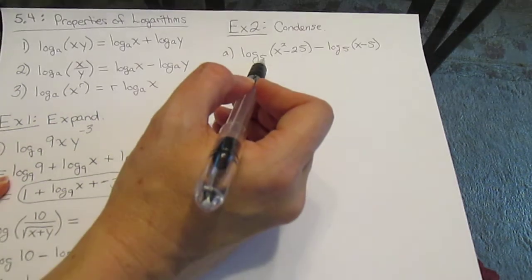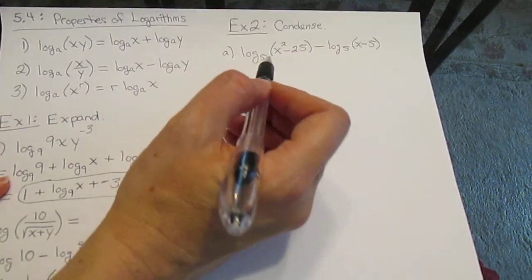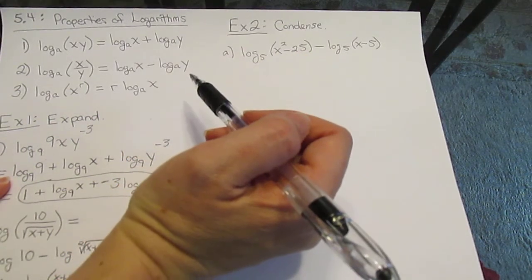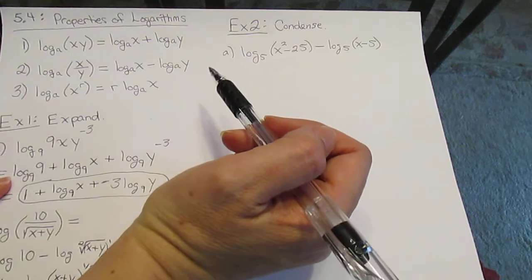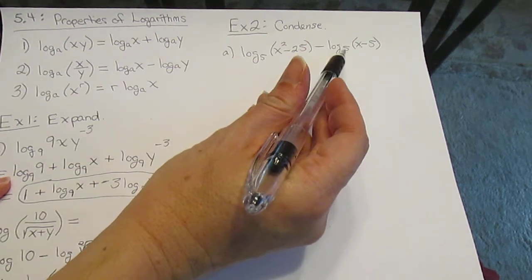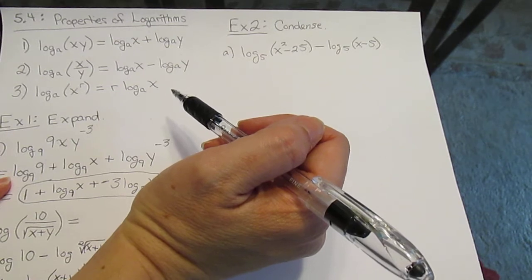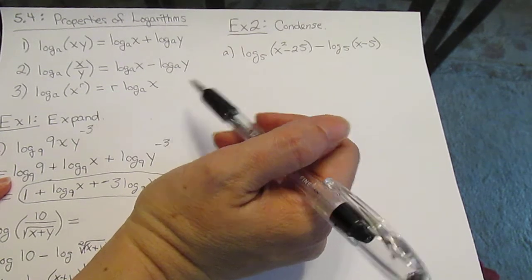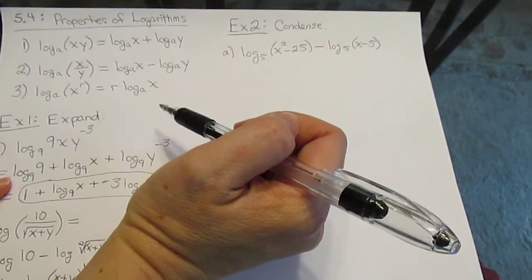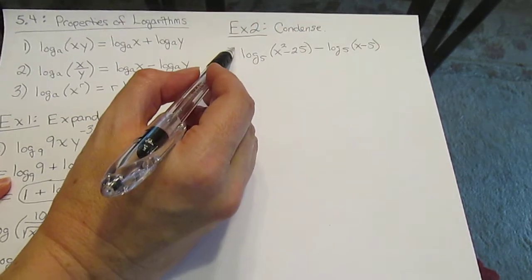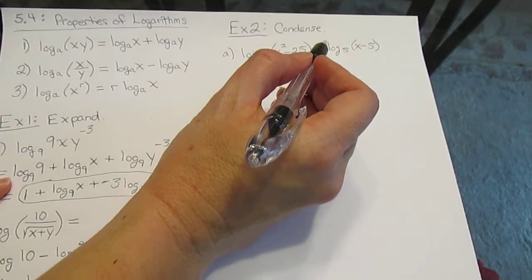Make sure that they're both the same base, of course. If they're not the same base, you can't put them together. Okay, in this section, they'll give you the same base because the whole point is to practice putting them together or breaking them apart. Okay, but check it out. They're both base 5. And then also make sure there's just a 1 in front of your log.